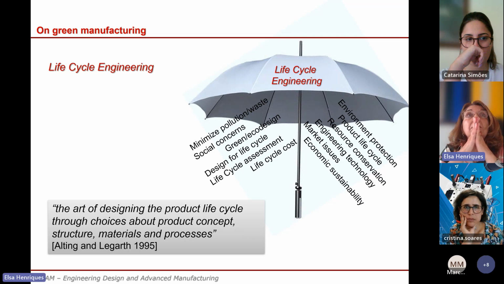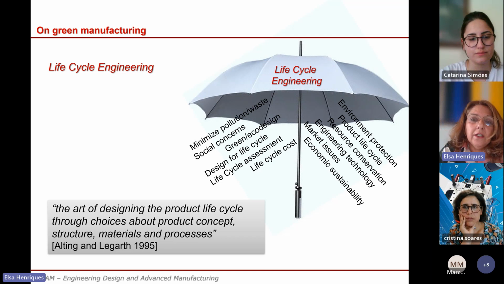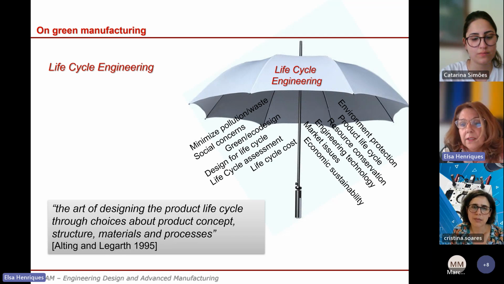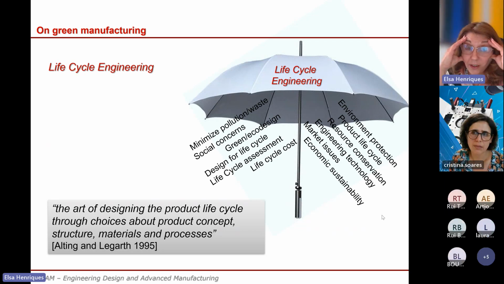And here I will begin my new presentation on life cycle engineering. Life cycle engineering is some kind of an umbrella concept that includes several things, and sometimes it appears in the industry with several objectives that all of them can be included in that concept of life cycle engineering.